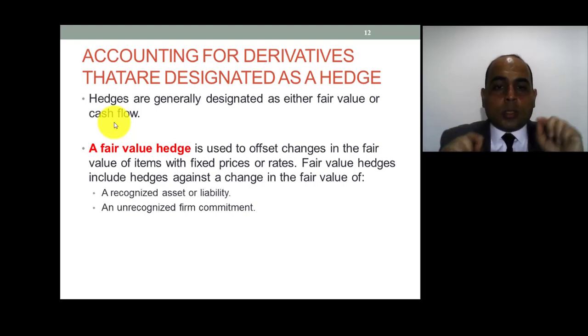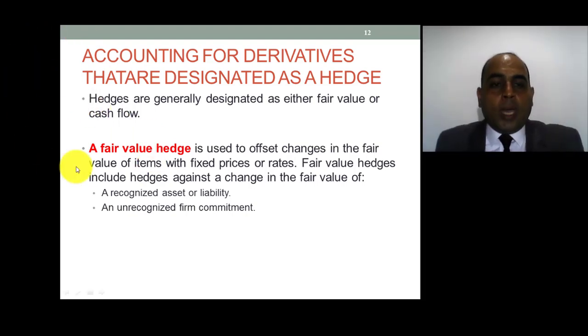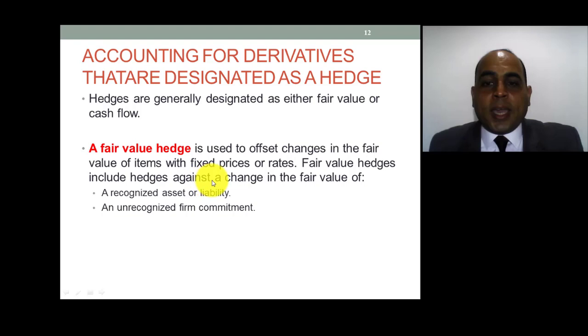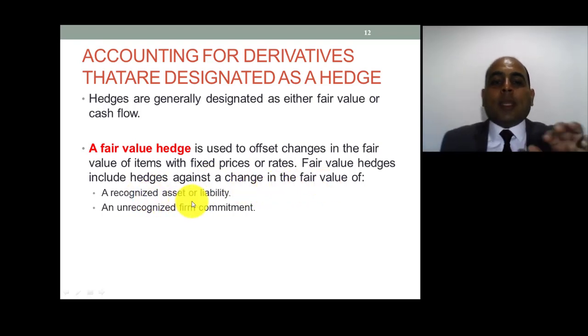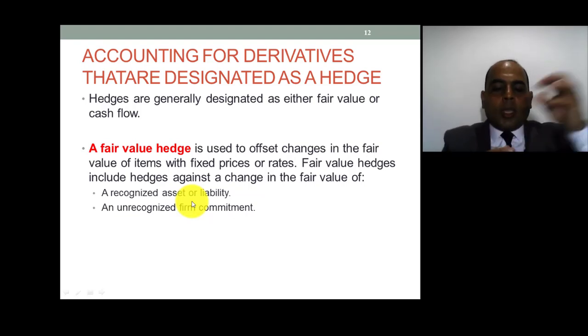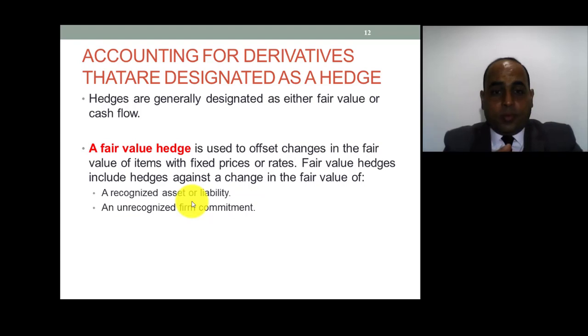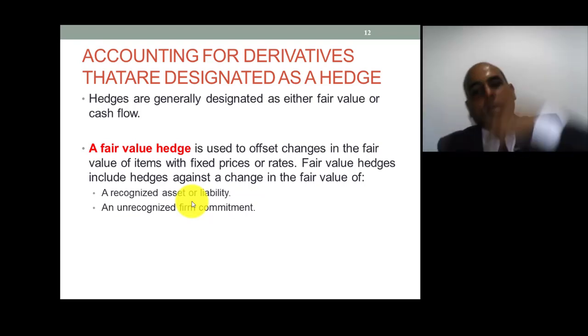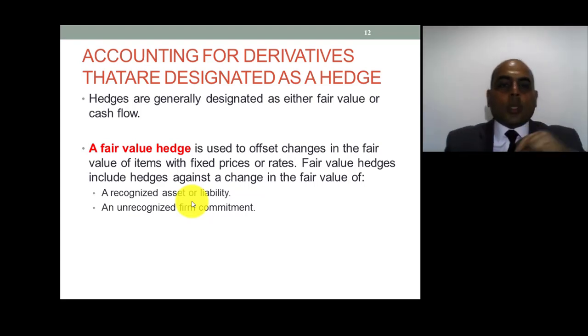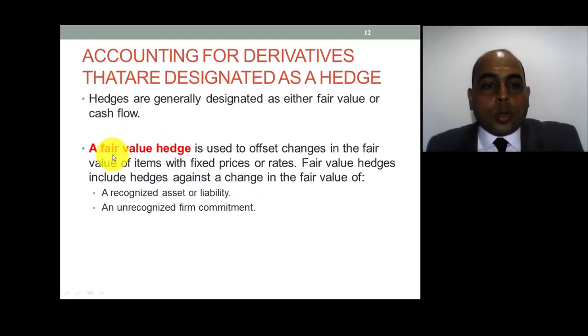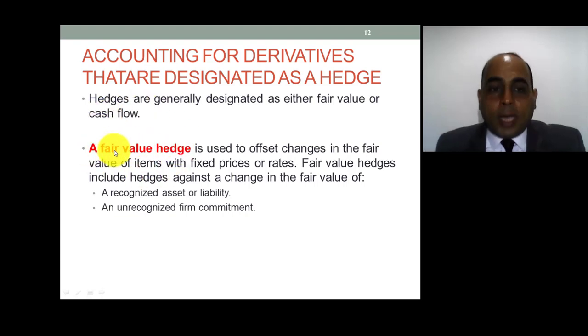The point is, we enter into a fair value hedge against a change in the fair value of what? A recognized asset or liability. It means we already have the goods as assets or as inventory. Against the fluctuation of the assets we have, we enter into a forward contract. In this case, we are talking about a fair value hedge.